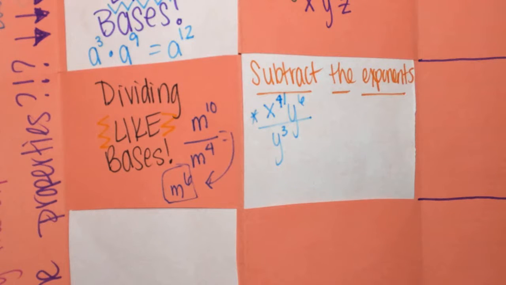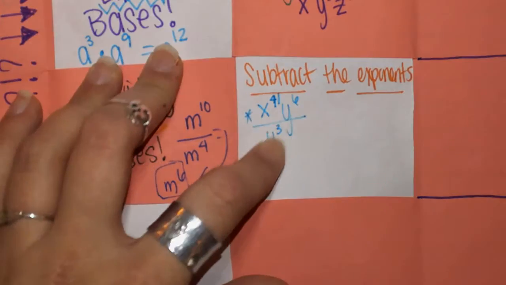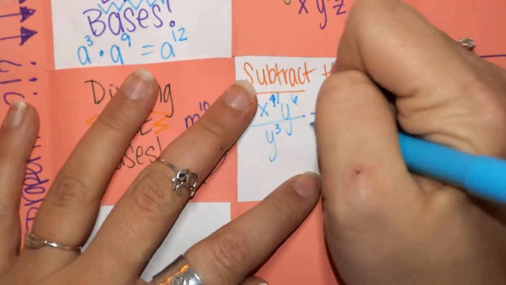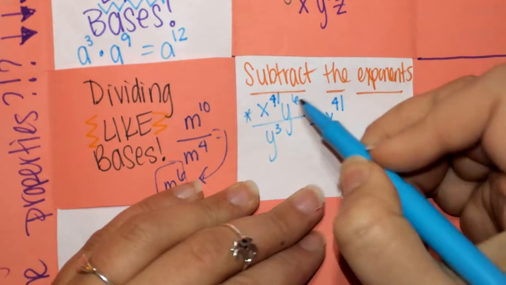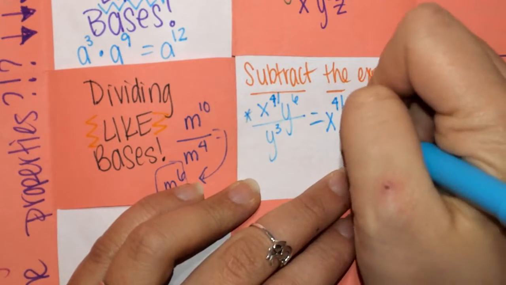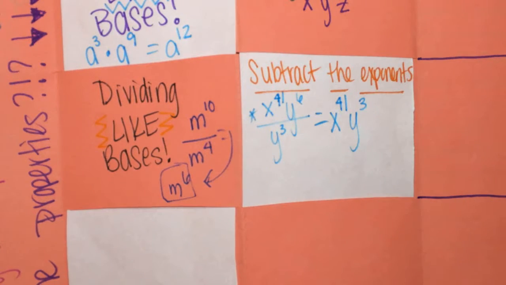Now, we can only combine like bases, correct? Yeah. All right, so can we combine this x with anything? No, because there's nothing under here. Can we combine the y with anything? Yeah. All right, so what would my answer start with? Okay, and then what would we do with that 6 and 3? And it would become y cubed. That's it. That's all you do.